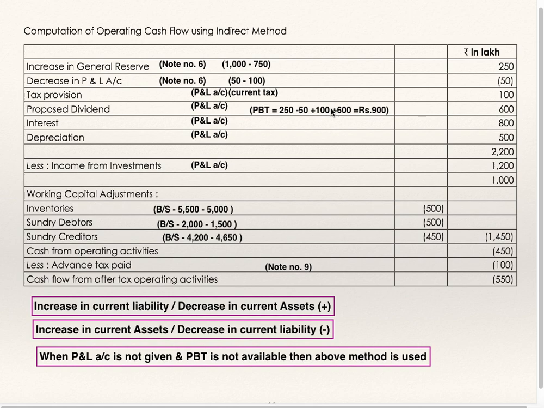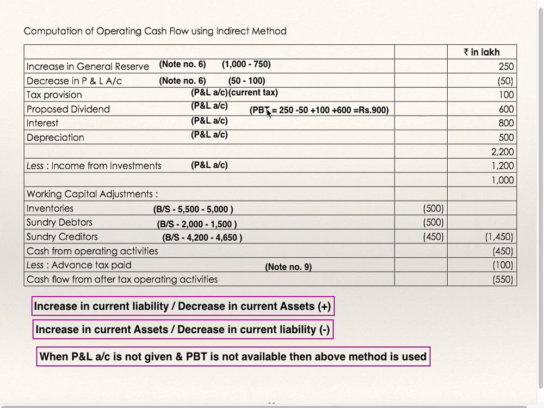So in this particular question, profit before tax is given. Directly you can write here profit before tax 900 and start doing this by indirect method, but you can do this way also. So increase in general reserve minus decrease in profit and loss account plus tax provision plus proposed dividend is profit before tax.